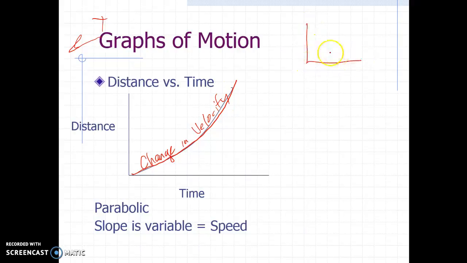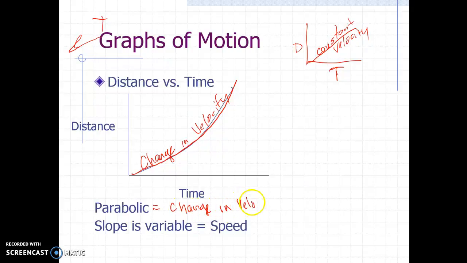So again, this is constant velocity when you have a distance over time. This is change in velocity. So if you have a parabolic relationship, this is considered change in velocity, which means acceleration.